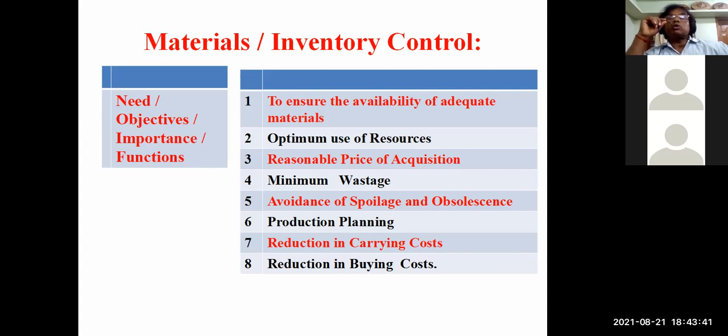Then avoidance of spoilage and obsolescence. Spoilage, you know, goods get spoiled due to accident or whatever. And obsolescence, you know, OBSOLESCENCE. Those who are in my HS first year class, you have found how I taught obsolescence. What does it mean?